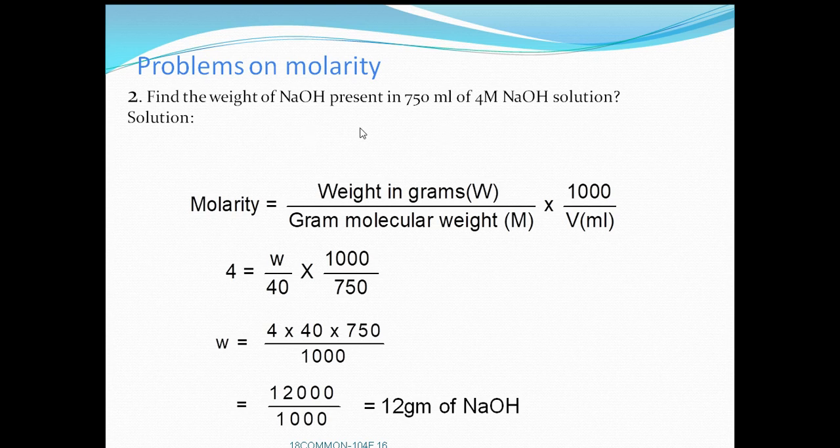Suppose you take 2M, what is the answer? Simply here we have to write 2 in place of 4. Like that we can calculate so many problems. We can calculate molarity, and sometimes we can calculate weight also.